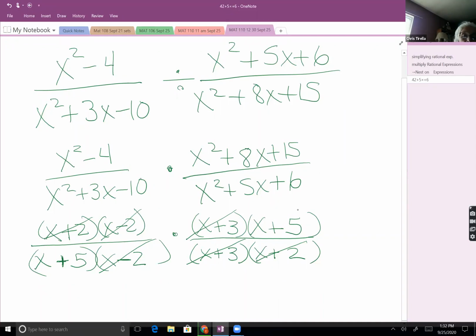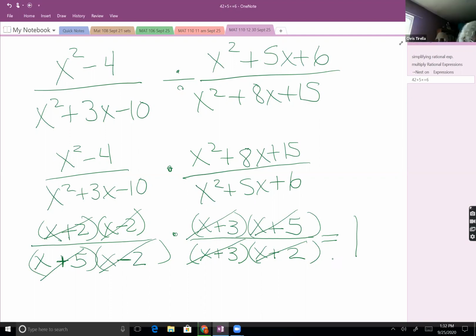X plus 5, that's a factor of both. And because, well, it looks like I'm just crossing them out, I'm dividing them out. And anything divided by itself gives me 1. That one all right? Yep.